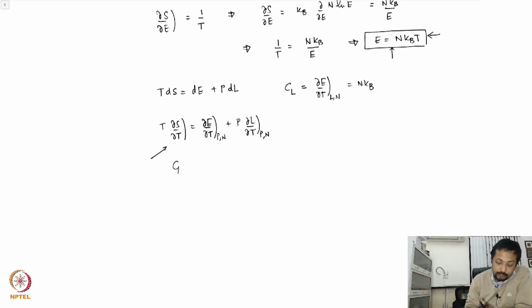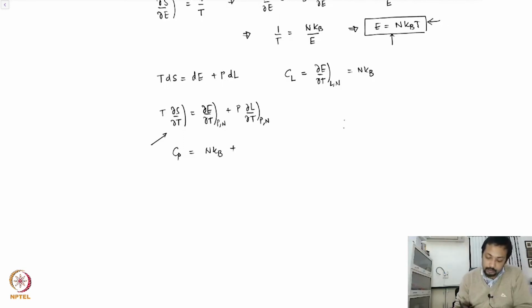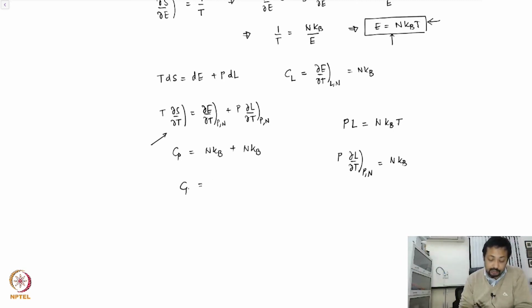This quantity is your Cp and this quantity is your n Kb, plus if you look at your equation of state, which tells you P times L is going to be n Kb T, and since I'm taking the derivative with P and n held constant, therefore P del L del T at P and n constant is going to be n times Kb, so that this term gives you an additional n Kb, and therefore the specific heat becomes twice n Kb.